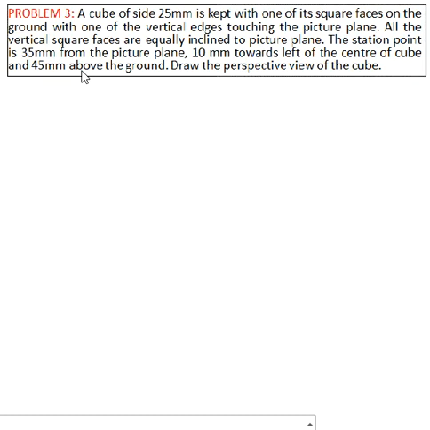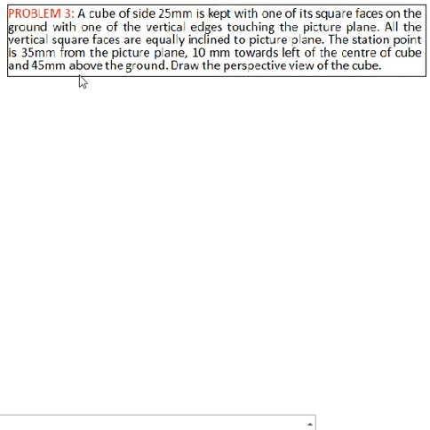So the details of the object and station point are given in the question. Here the object is a cube with a side of 25 mm. You have to focus on the object. The object is something similar to a prism because it is a cube, which means it has a bottom surface and a top surface.